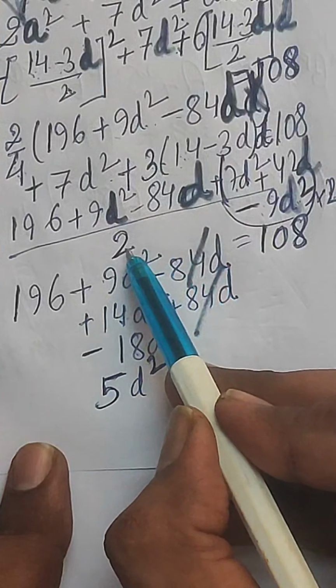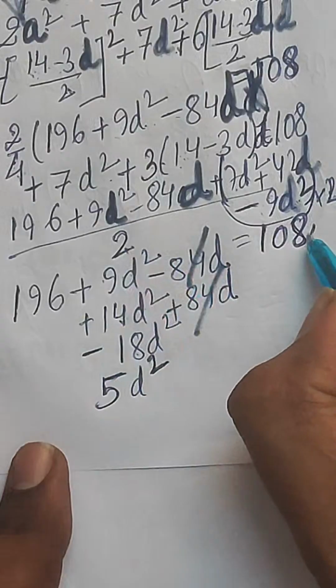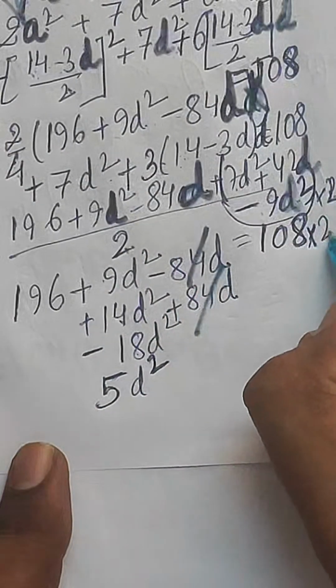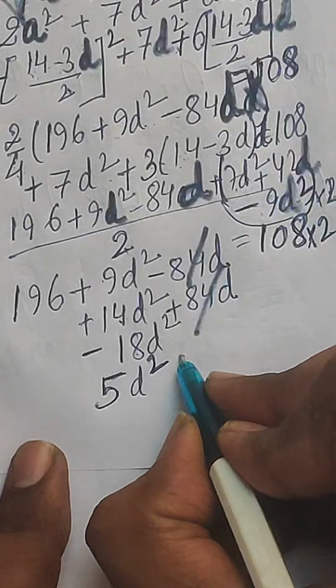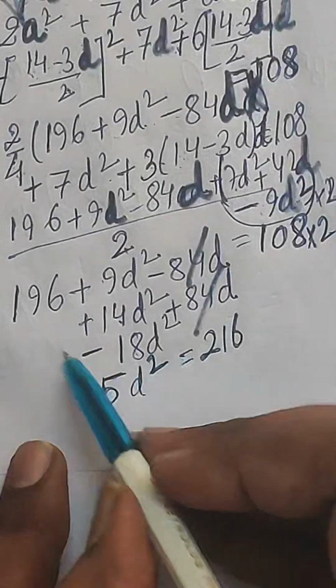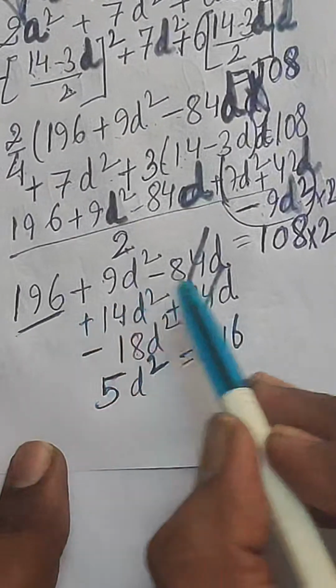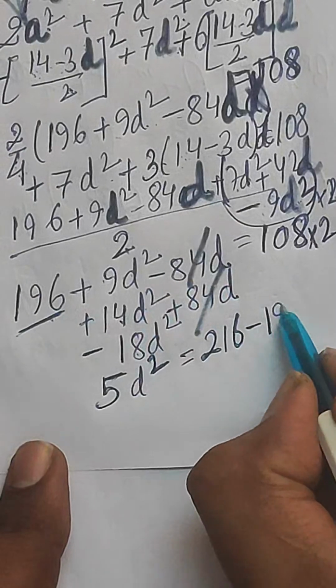And this 2 was in the denominator of the LHS. So this will be multiplying to the 108 on the RHS, right? So this will be giving you 216 again, and this 196 is going from LHS to RHS. So this will be subtracted over here.